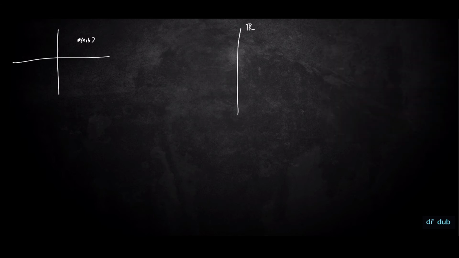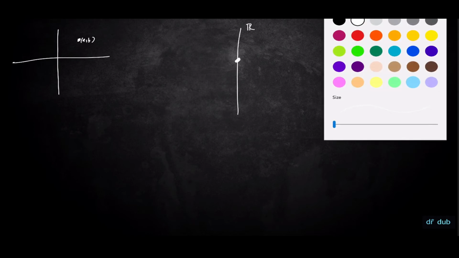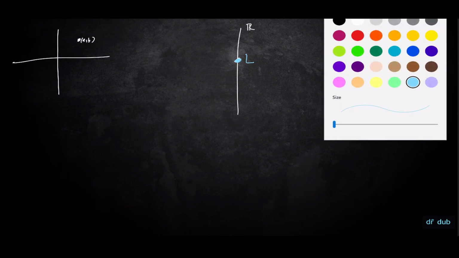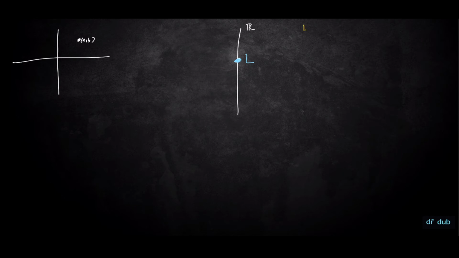And let's say this is L. This is the point L. And the first thing you do is determine epsilon, determine how small to make epsilon. Once you do that, you get this range of L plus epsilon and L minus epsilon.